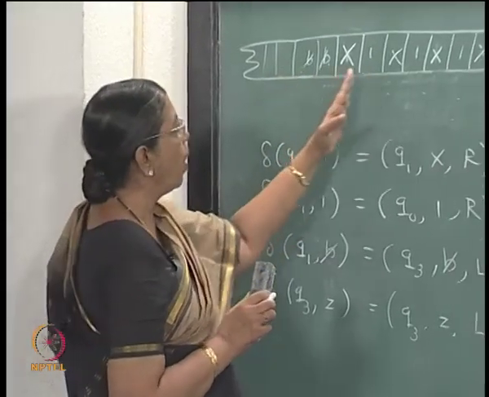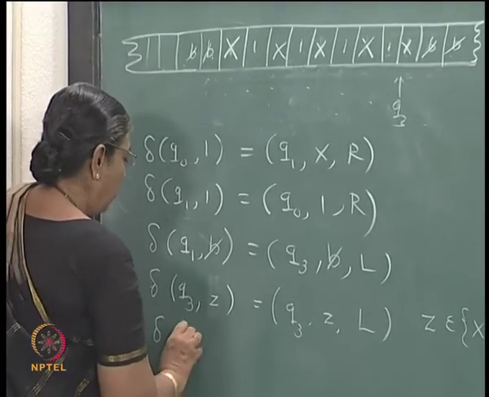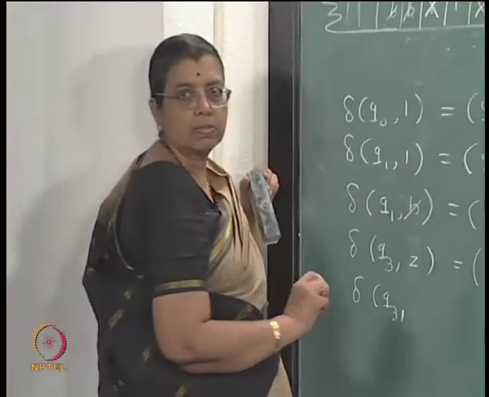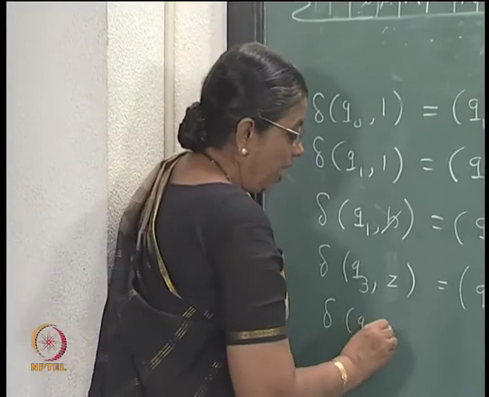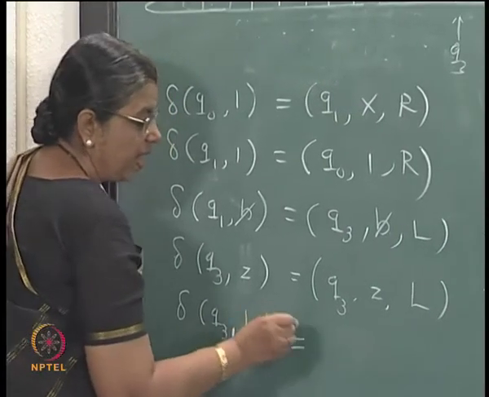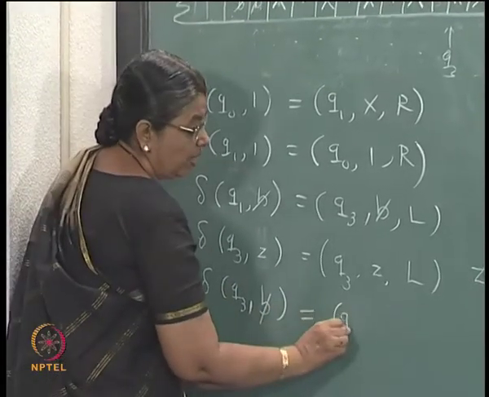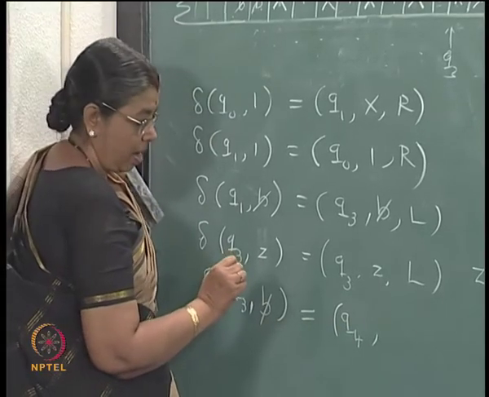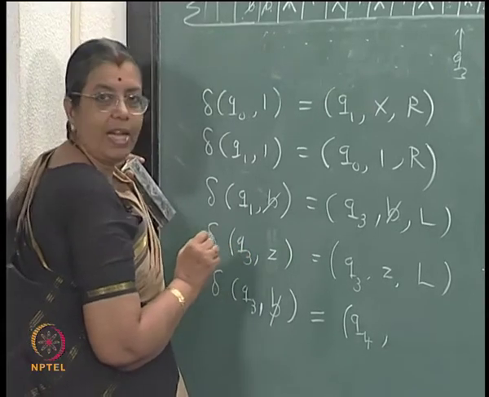It will move through all this, and in Q3 when it sees a blank, it goes to a state Q4. And what will it print?